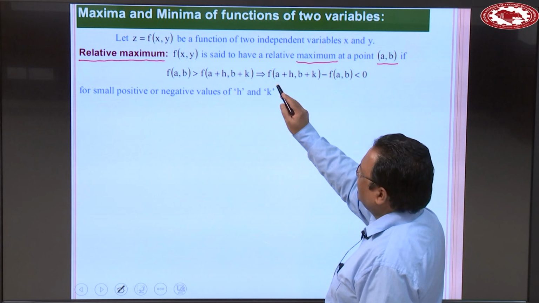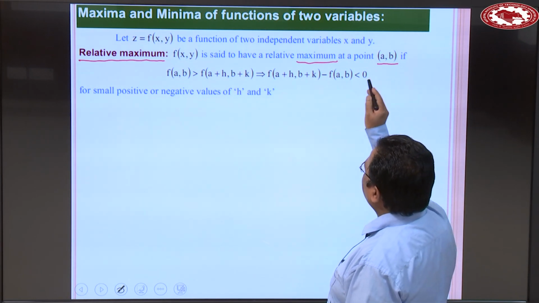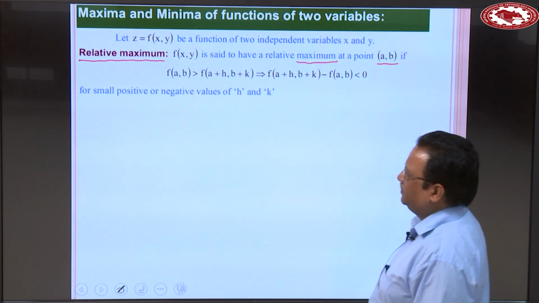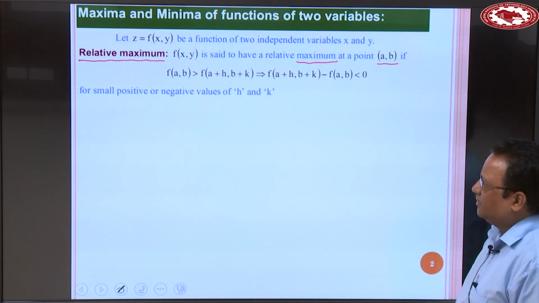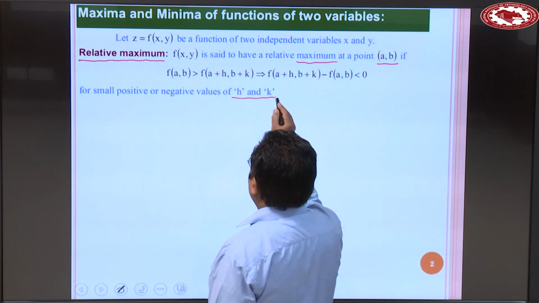This implies f(a+h, b+k) - f(a, b) is less than 0, for small positive or negative values of h and k.